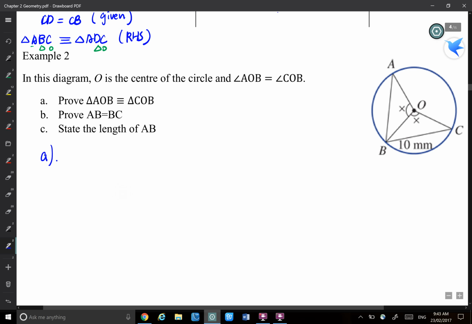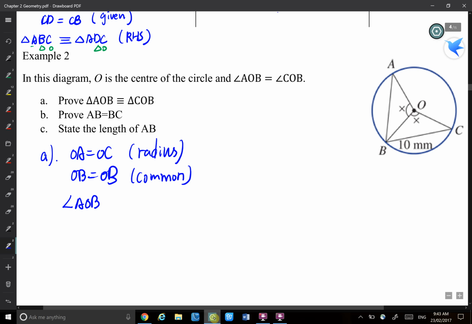So part A, I'll say OA equals OC because of radius. OB equals OB because they are common. Angle AOB equals angle COB, that is given.